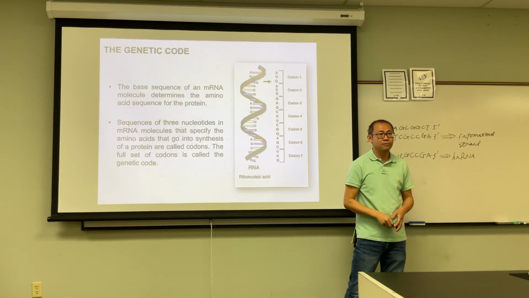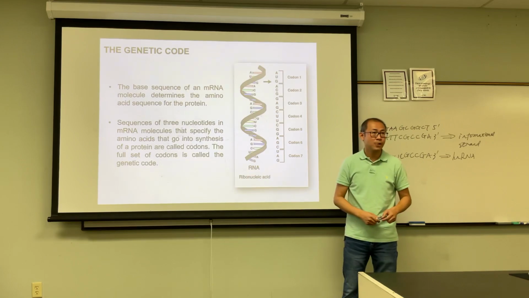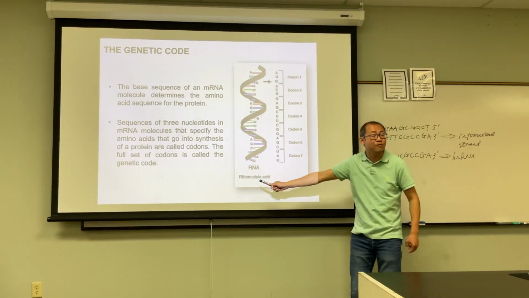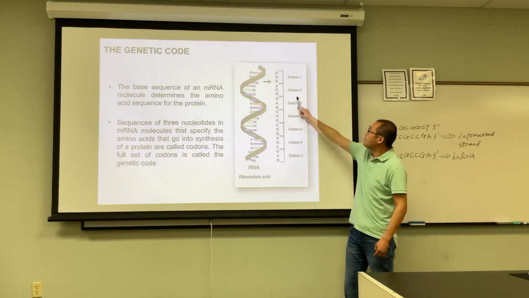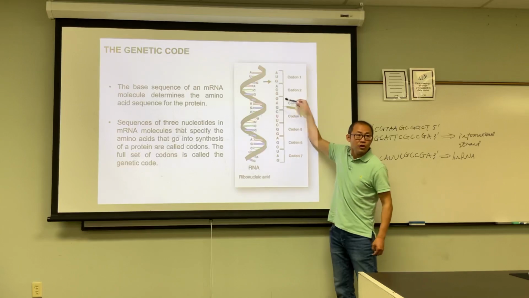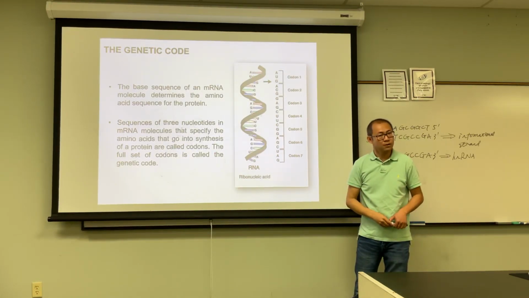So a piece of messenger RNA actually has genetic codes. They're in groups of 3 bases. From 5' to 3' of the RNA, you will have a lot of codes in groups of 3 bases, or 3 nucleotides, of course.